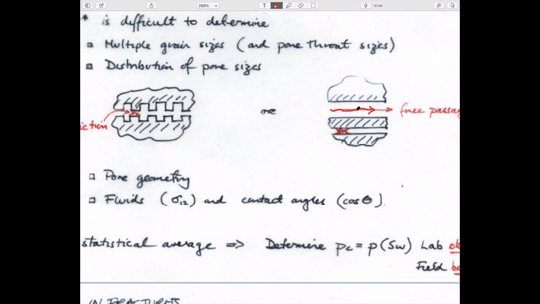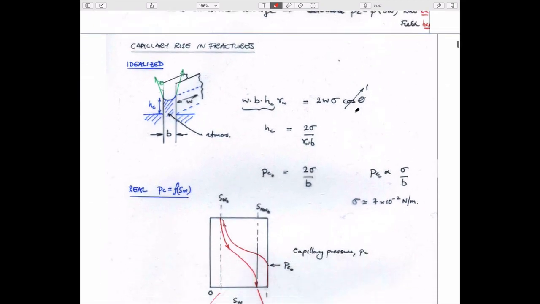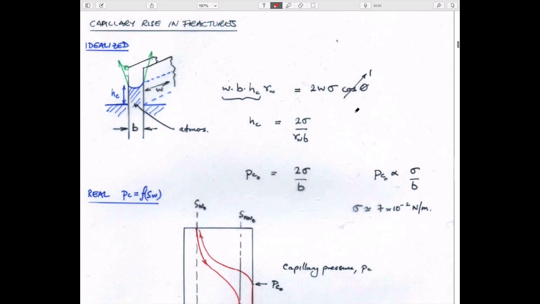And so if we want to look at the most vulnerable features in the reservoir, or the aquifer, I suppose, since we're talking about a groundwater class, then we could do exactly the same analysis that we applied for a capillary tube to represent a capillary fracture. And all that differs is something about the geometry of it. The geometry is that instead of a tube being dunked into liquid, it's two parallel plates with a gap between them being dunked in.